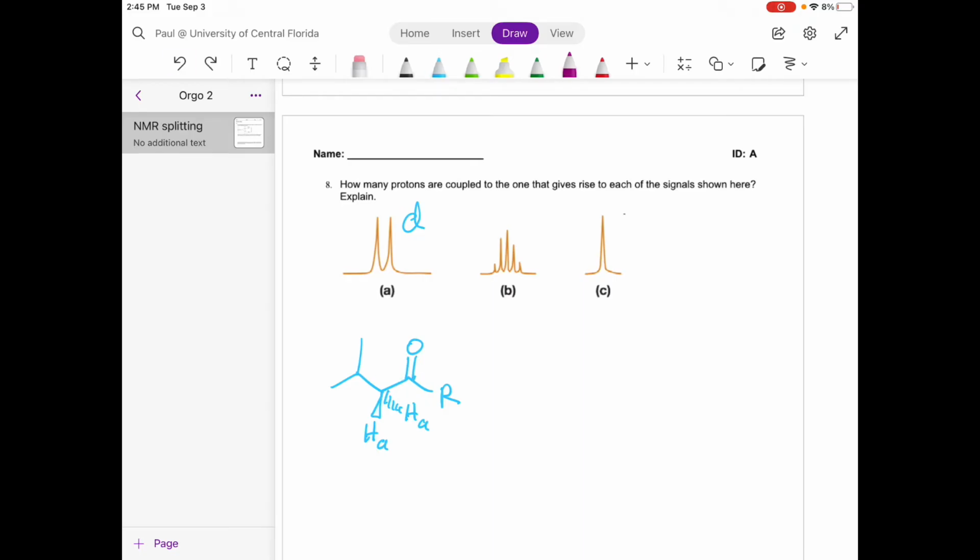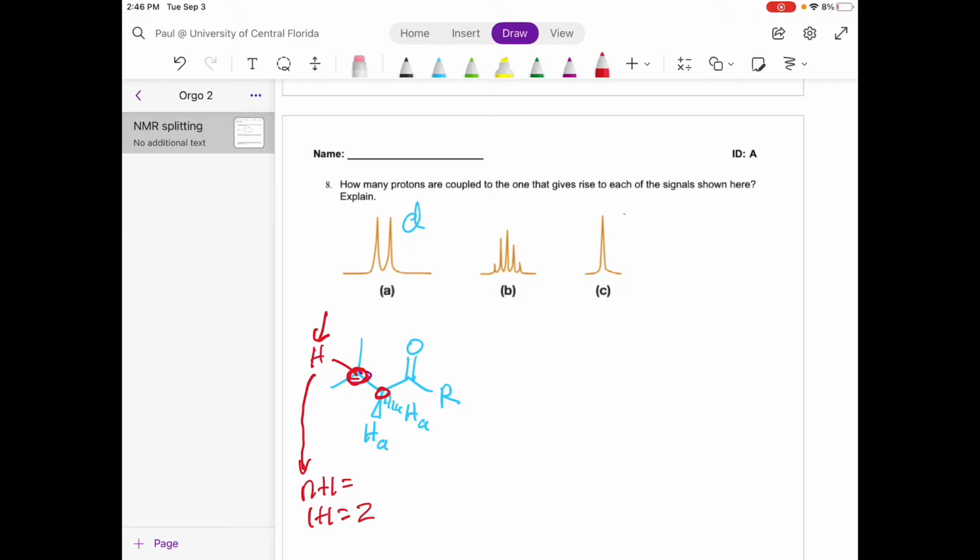But if we go to that adjacent carbon, what do we have there that's not shown? There's 1 hydrogen. We look at the adjacent carbon and ask how many protons are there. Since there's only 1 proton, the n+1 rule says 1 plus 1 equals 2, giving us a doublet.